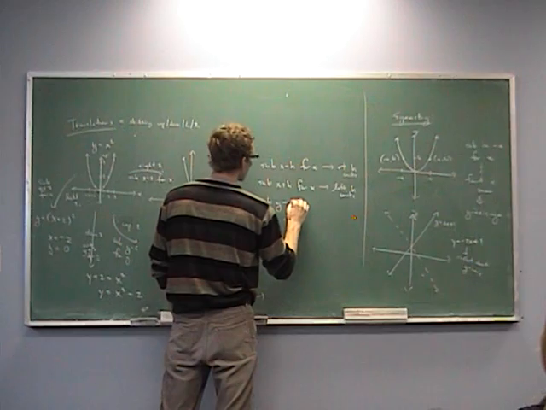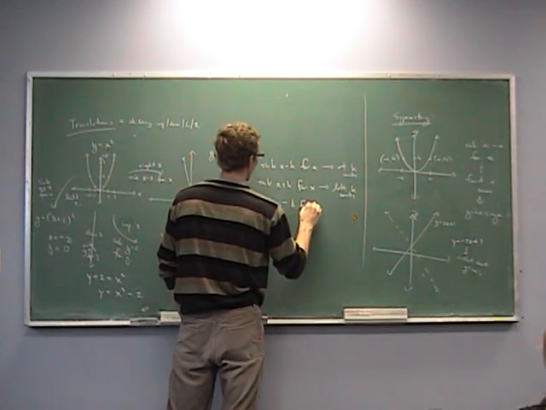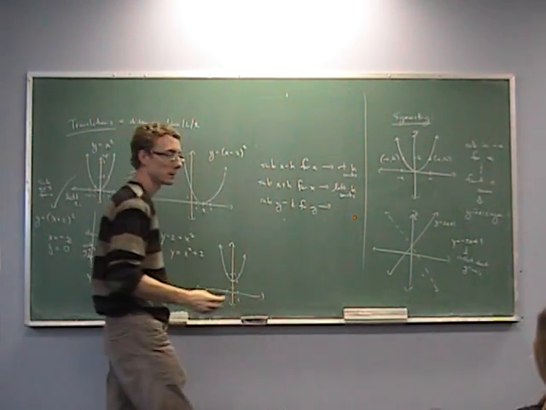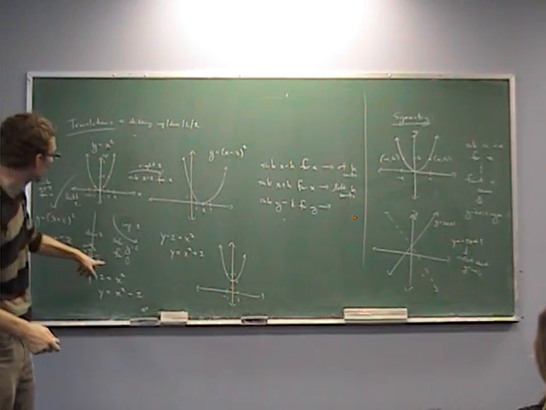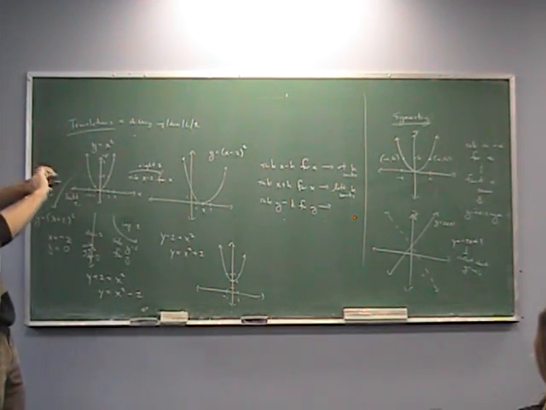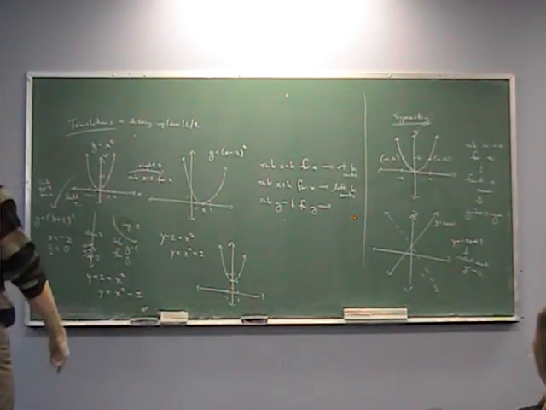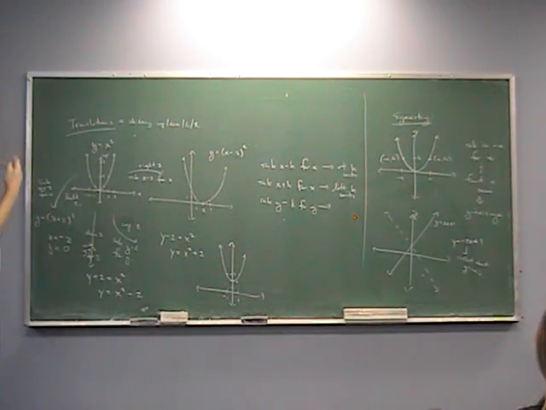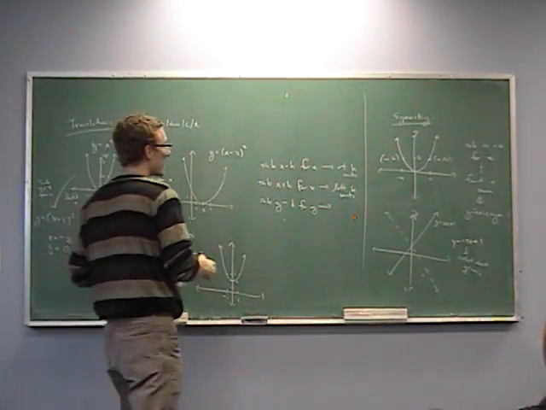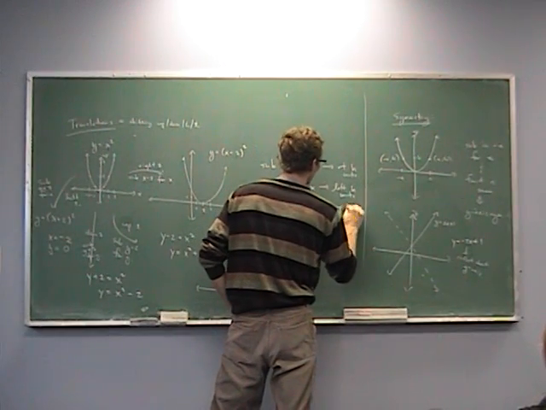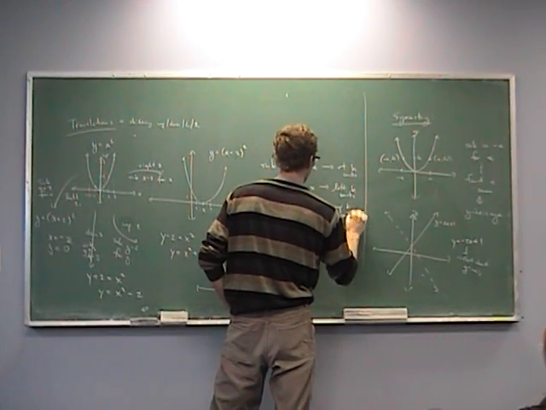When we sub y minus k for y, well, when we subbed in y minus 2, that moved us up 2, because we ended up adding 2 to both sides, and we got the same function values plus 2. Well, subbing in y minus k ended up moving us up k units.